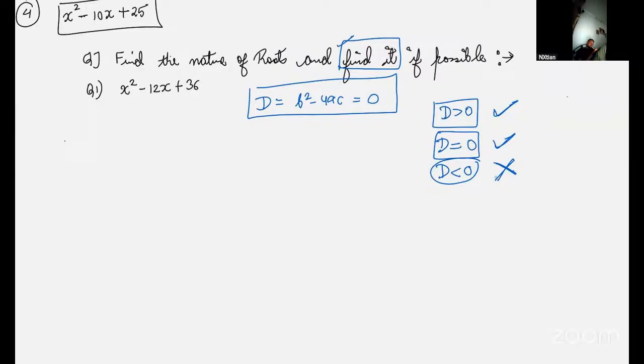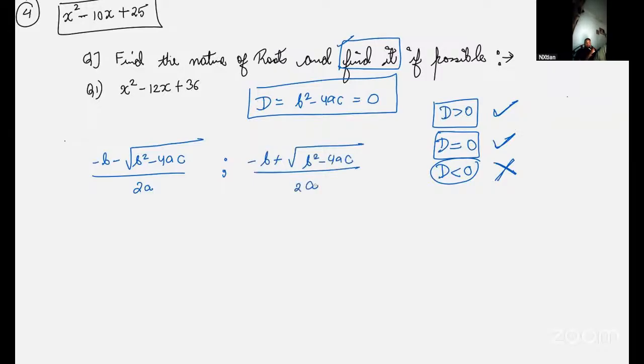Now, Abraham, please see on the board. The formula is minus b minus root of b square minus 4ac upon 2a, which is the quadratic formula. We discussed it before also. And this one is minus b plus root of b square minus 4ac upon 2a. Now, we got this value b square minus 4ac equal to 0.